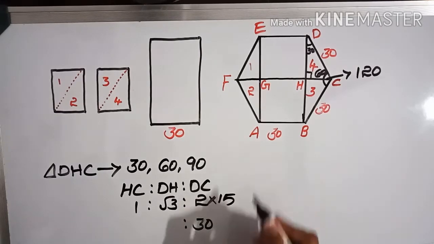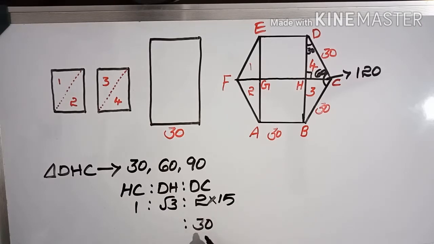You can write 2x also. That means here also into 15, here also into 15. So the answer will be 15 is to 15 root 3 is to 30. So here HC is 15.